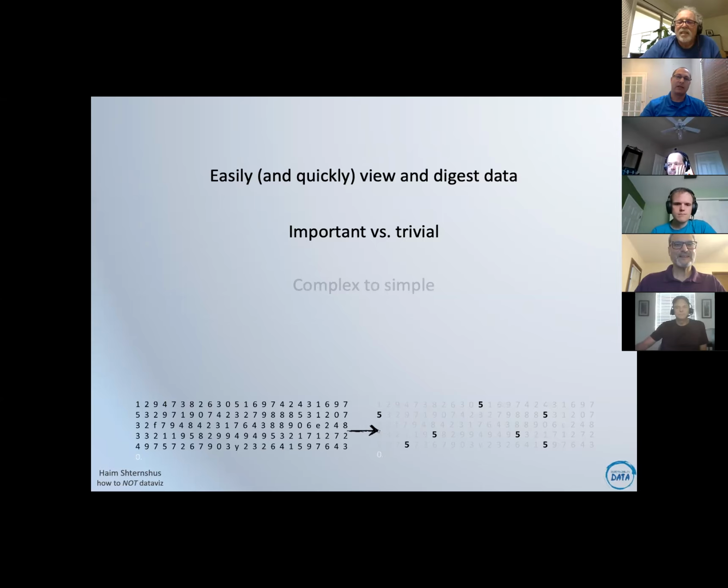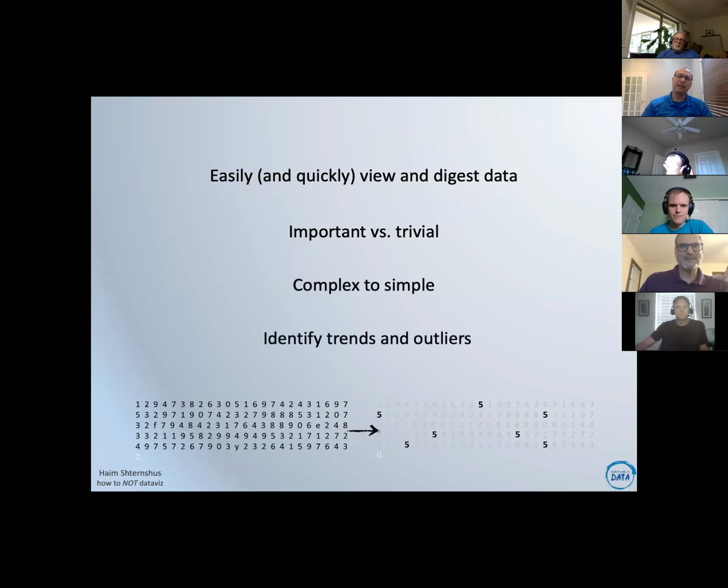It helps us very intuitively make complex databases into very simple insights. And maybe not so much in this case, but we can definitely use data visualization to identify trends and find outliers much quicker than we would have if we just had a big Excel table of numbers, for example.